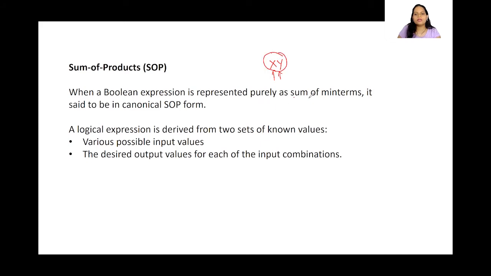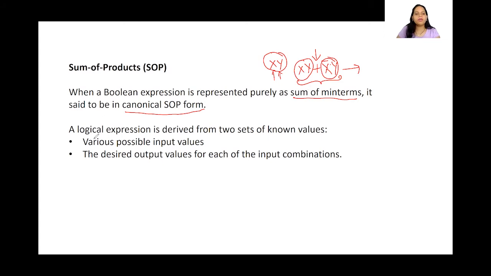Now, when we have a sum of min terms, something like xy plus x bar y, where we have min terms and we are doing a sum of them, and this can go on, in such cases this is called a canonical SOP form, canonical sum of products form.